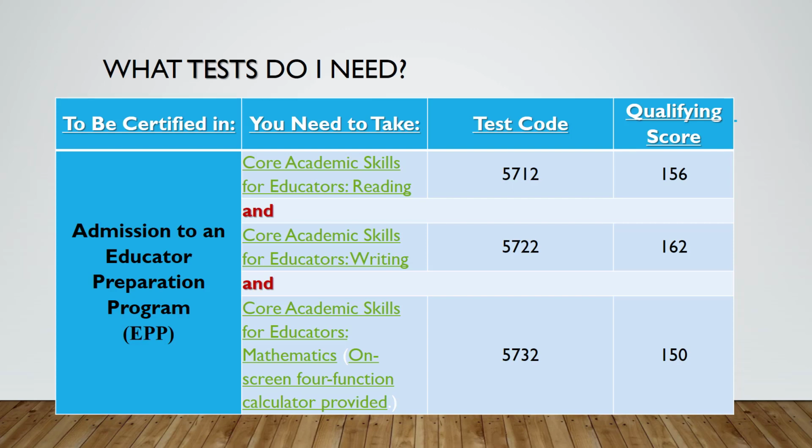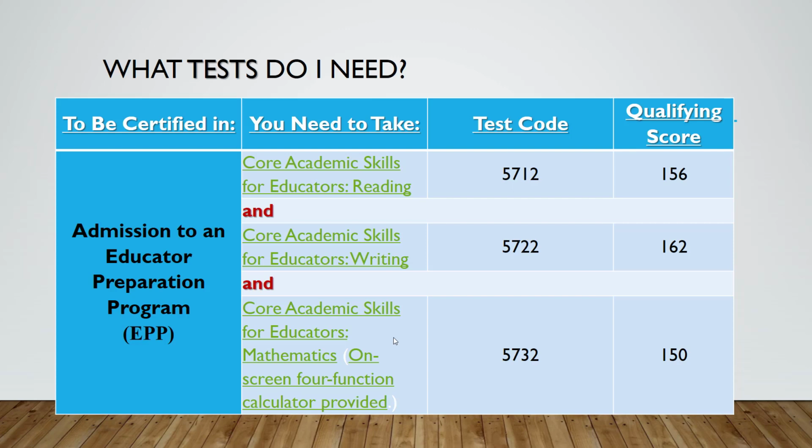So, to be certified in or to get admission to an Educator Preparation Program, or an EPP, you need to take Core Academic Skills for Educators in Reading and Core Academic Skills for Educators in Mathematics if you scored less than a 22 on your ACT.